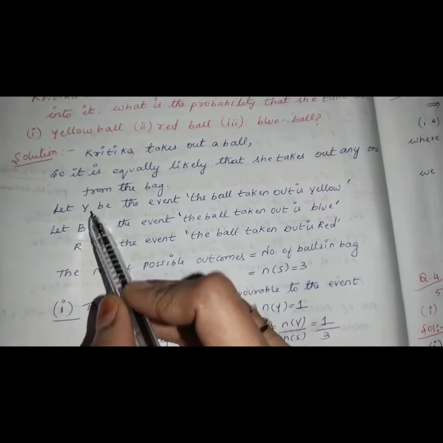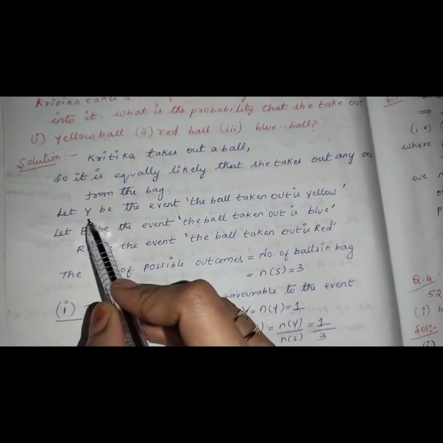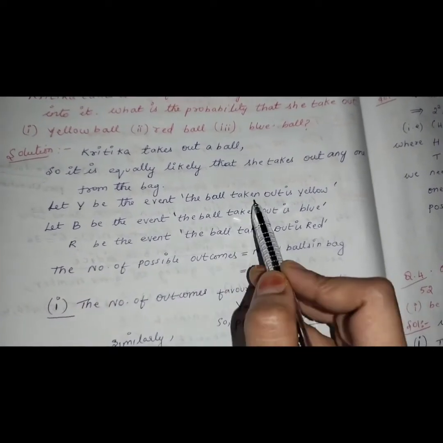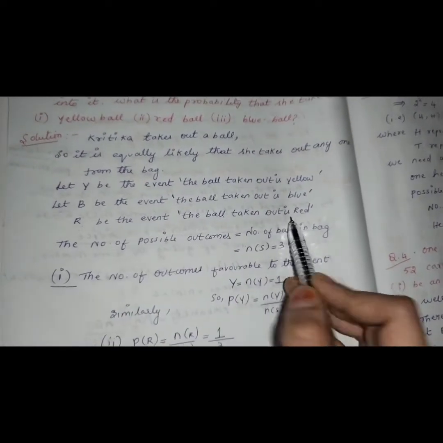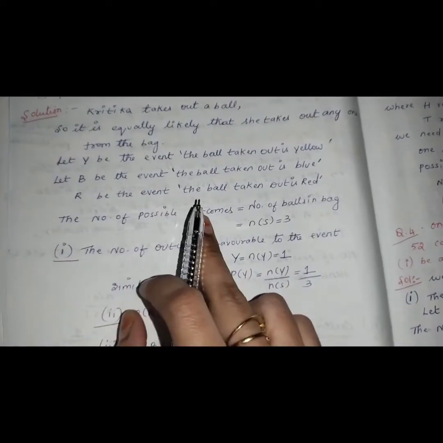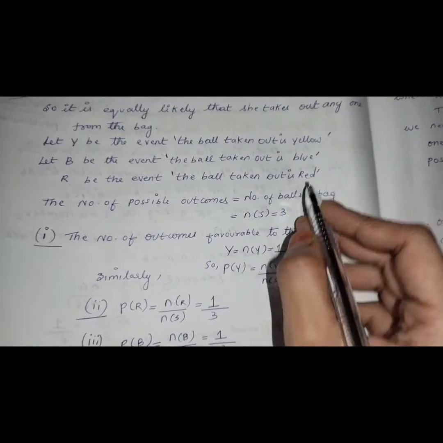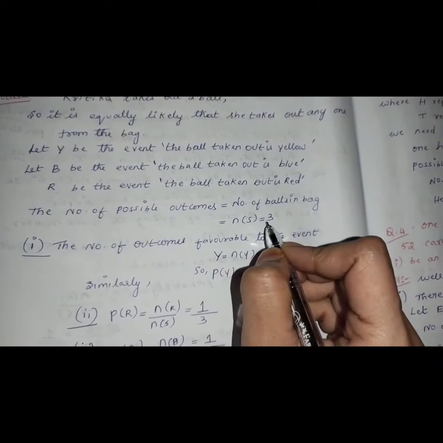Let Y be the event that the ball taken out is yellow, B the event that it is blue and R the event that it is red. Number of possible outcomes: the number of balls in the bag is 3, so n of S is 3.